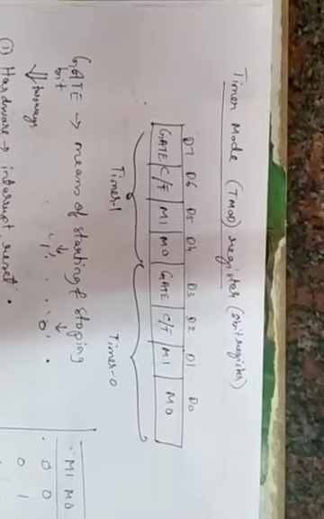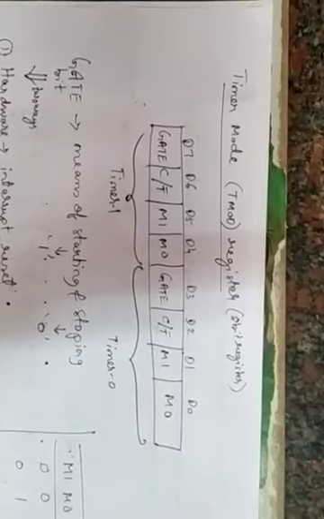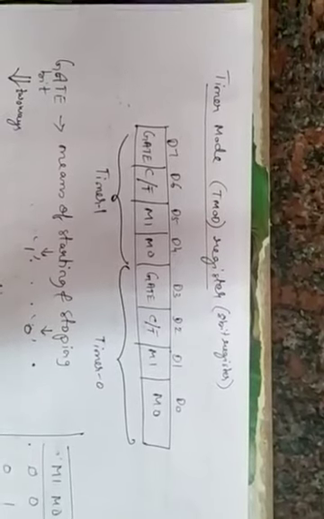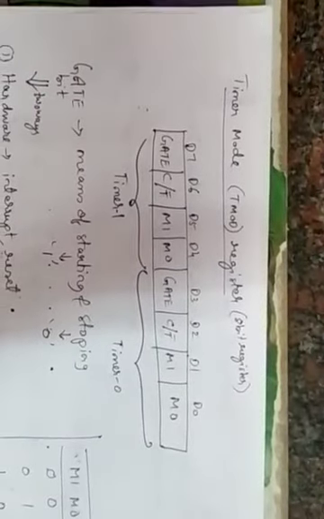If the D6 bit is 1, then we can say timer 1 is acting like a counter. If the D2 bit is 0, then timer 0 will be acting like a timer. Understood? So C/T bar will decide whether it is acting like a counter or timer for either timer 1 or timer 0.